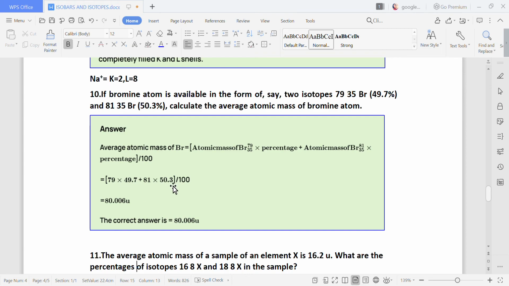We have put in the formula, all divided by 100. When you calculate it, you get this value, in U. The unit is U because atomic mass is always represented by U. So this is how you get the average atomic mass of bromine.